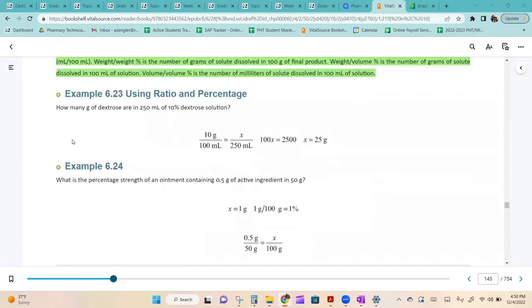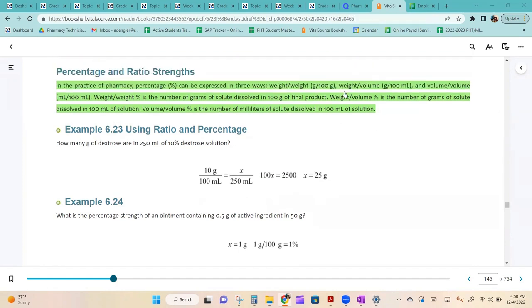So this problem: how many grams of dextrose are in 250 ml of 10% dextrose solution? We are going to do a proportion. Looking at the 3 different ways, in this problem we have milliliters and grams. So that tells me I'm going to have a weight over volume problem.